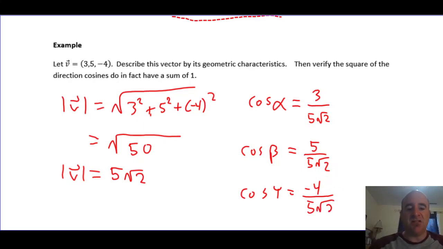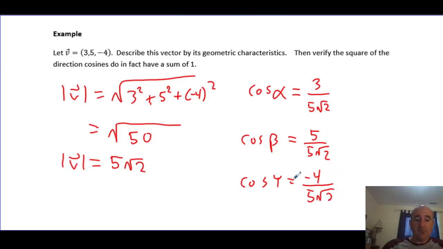So you can see that the angle it makes with the positive z-axis is going to be bigger than 90 degrees since the cosine is negative. That's why cosine is more useful than, say, sine. And that's not surprising because there's a negative z direction. If we think about z being up and down, the vector goes down, so it makes a more than 90-degree angle with the z-axis.